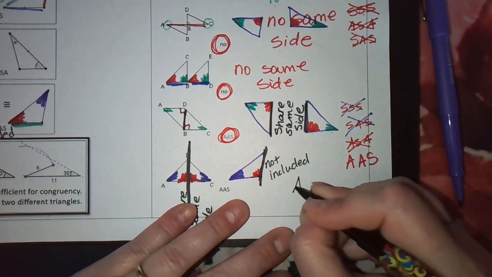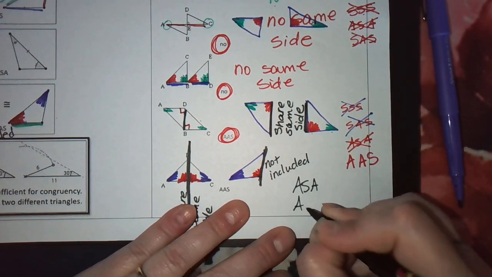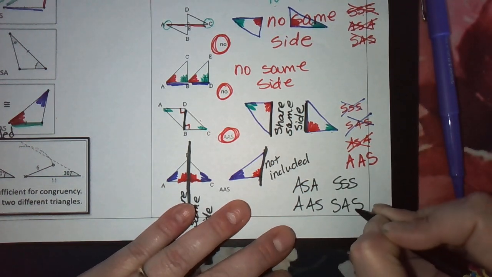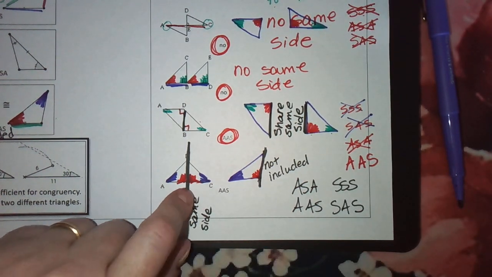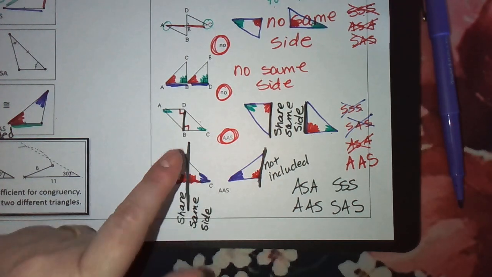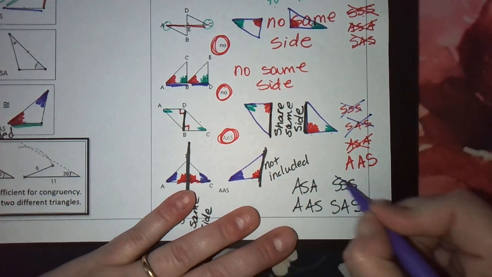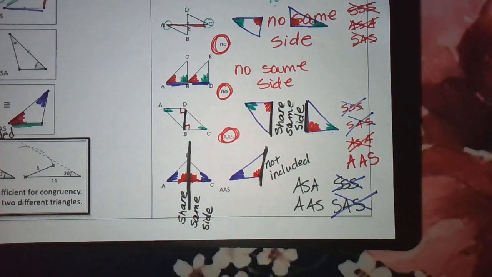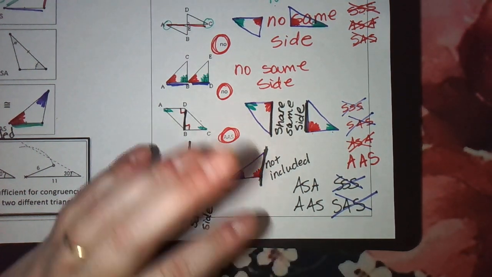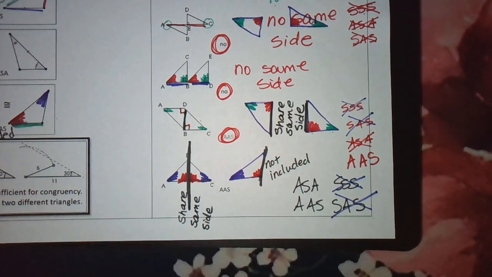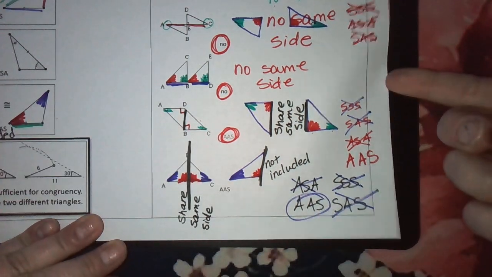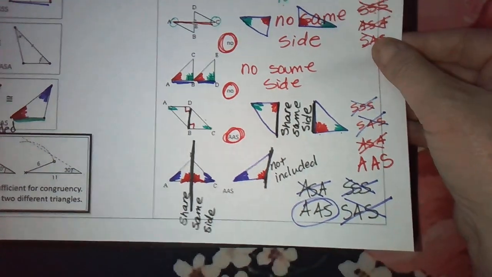So out of ASA, AAS, SSS, and SAS, we're not going to pick anything that has more than one S. So goodbye triple S, goodbye SAS. And we're going to choose where the S is not in between the two A's. So AAS. Woohoo! Alright, let's keep going.